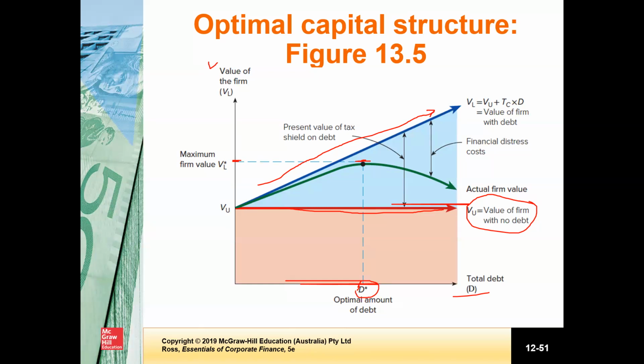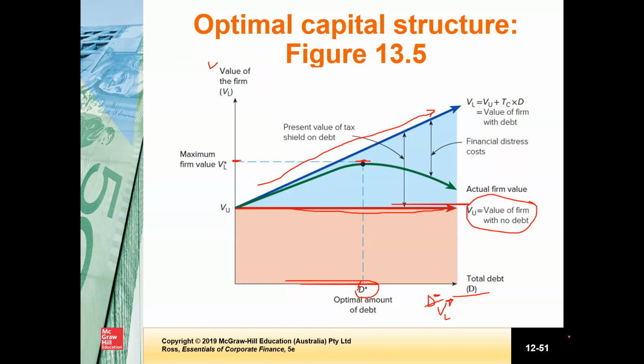Put another way, the firm's optimal capital structure is composed of D star, that means this is the level of debt, divided by VL. This is the proportion of debt, and 1 minus this will be the proportion of equity. That should be our optimum capital structure, and we call it optimum capital structure because at this point, the value of the firm is maximized.